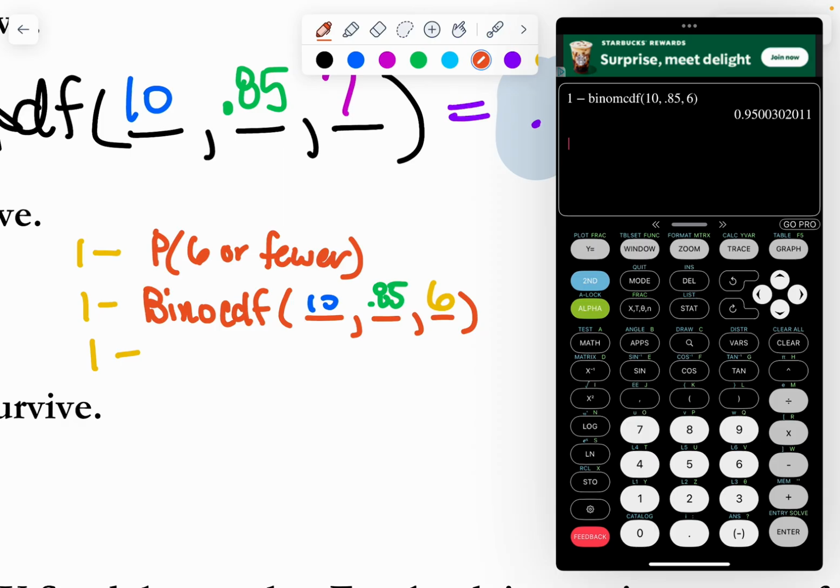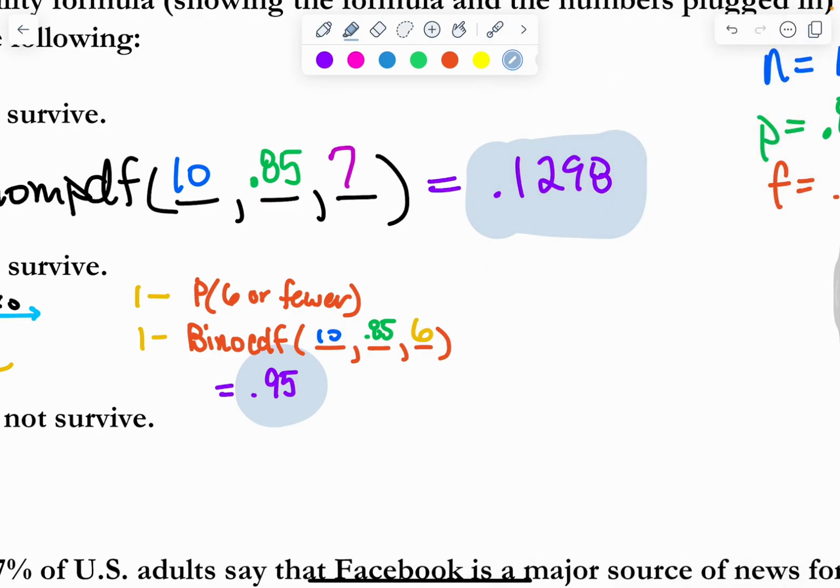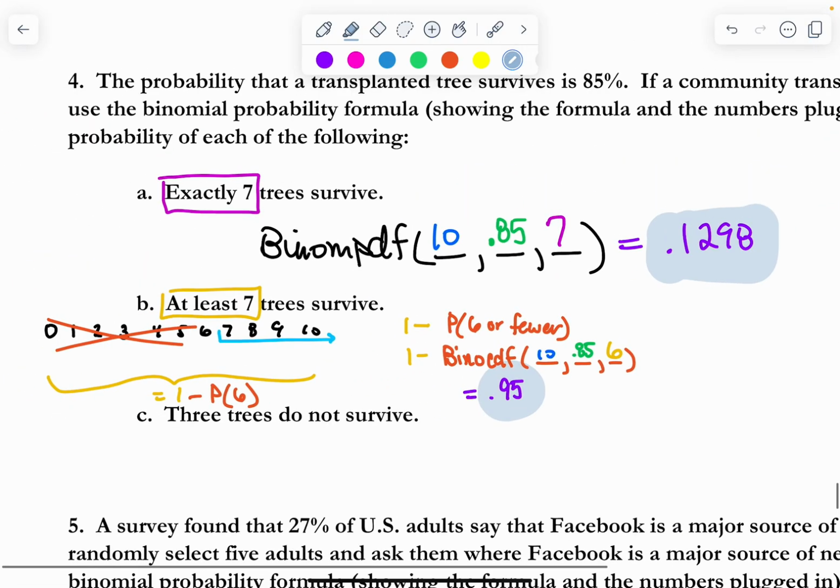If we do the 1 minus that, we get the total answer of 0.95. That's the probability that at least 7 would survive. That's a pretty good likelihood. So this is the probability for this right there.